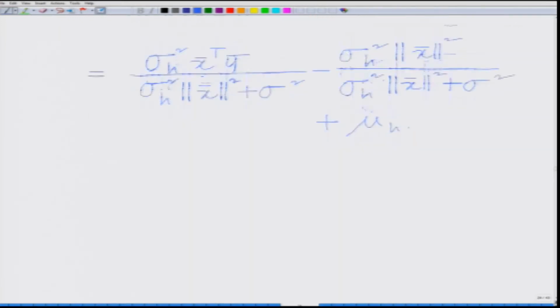Now, look at this, you have minus sigma h square norm x bar square divided by sigma h square norm x bar square plus sigma square, times mu h, plus mu h.